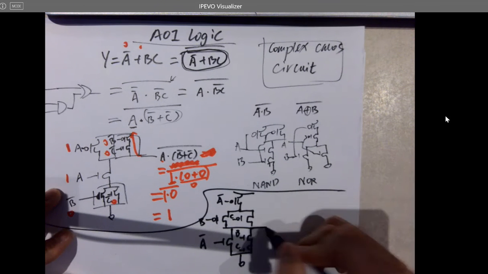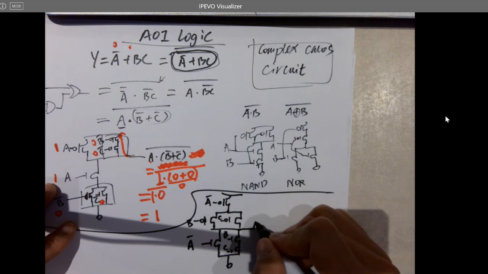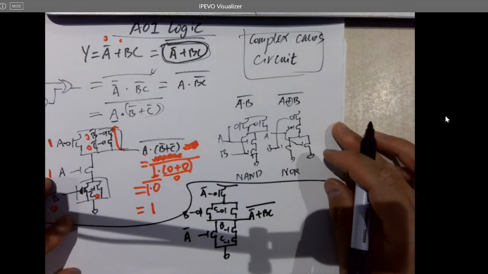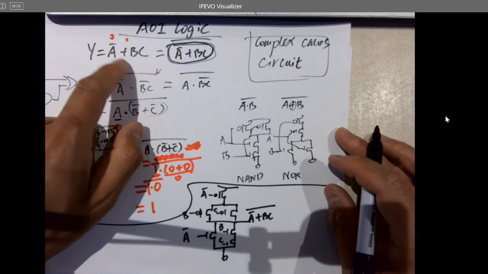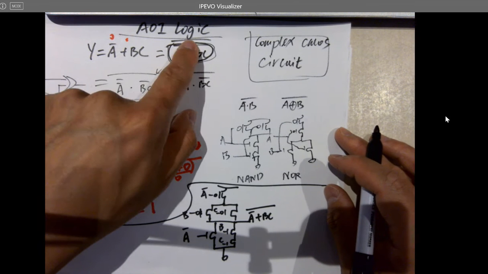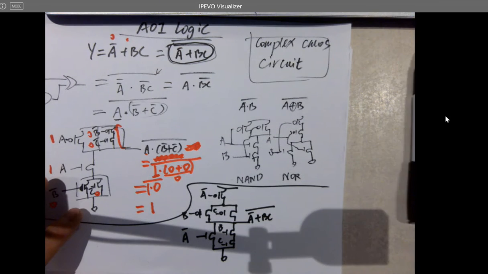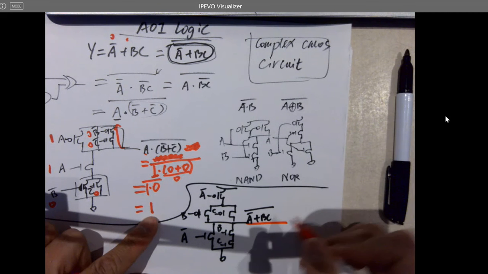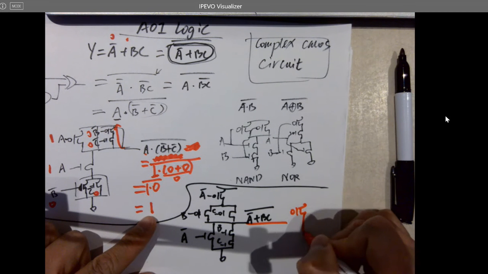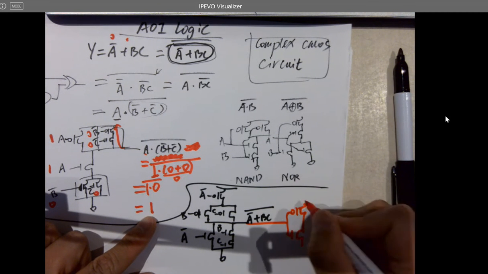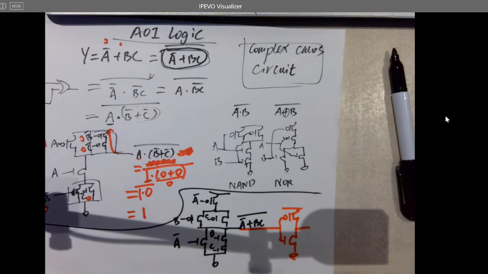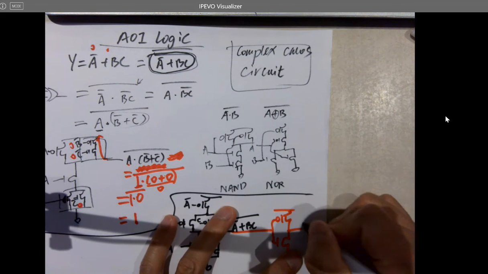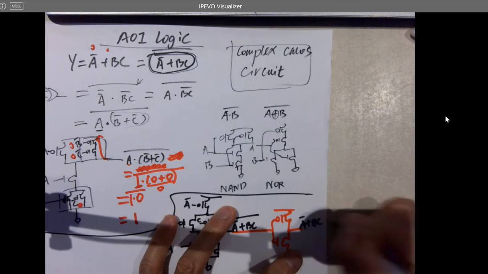Okay, so what's the result here though? Right, it's this part. But if I want to recover this logic, you still need an inverter to invert it. And now it is A NOR BC.